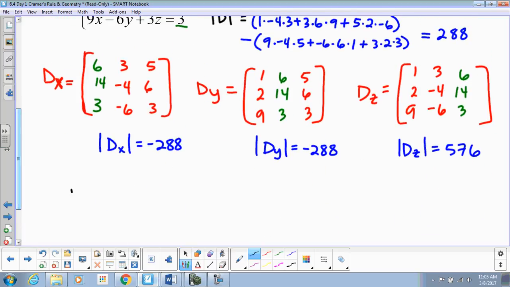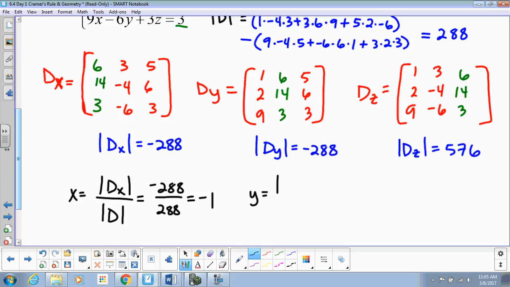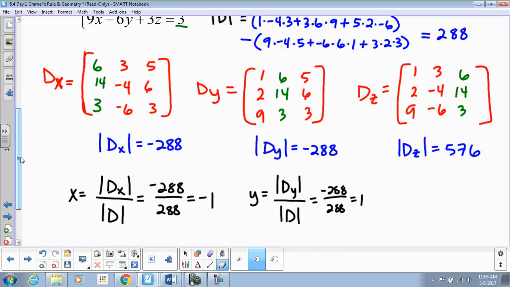So x is determinant of dx divided by determinant of D. So -288 divided by 288, that's -1. Okay, y is determinant of dy over determinant of D. That's again -288 over 288, which is -1.